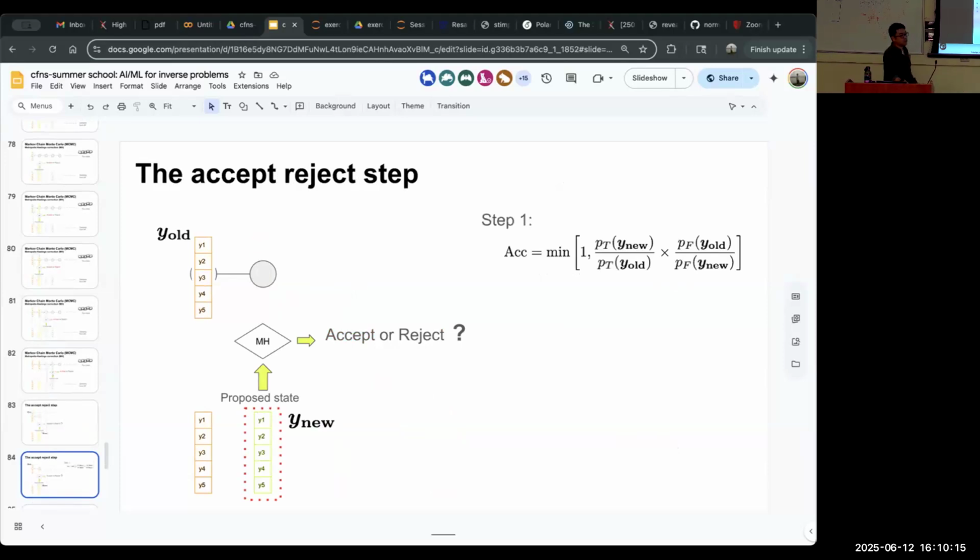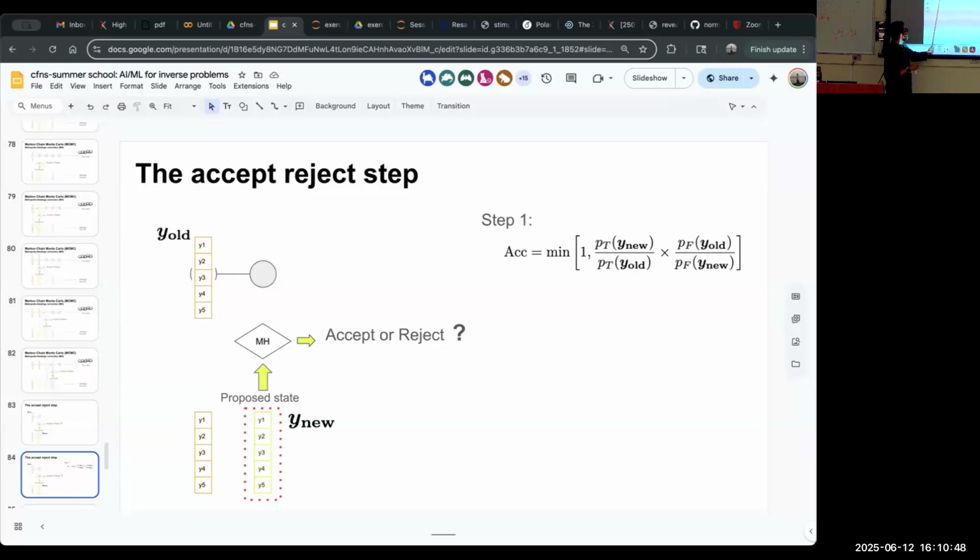So what you have to do is the following. The first thing is you are going to compute this quantity. It doesn't really matter the name. We call it ACC, and it's the minimum between 1 and this guy. Normally, in traditional Markov chain Monte Carlo, for those who know that, the proposal function is a Gaussian, which is symmetric, and this term actually doesn't exist in traditional Gaussian-based sampling.